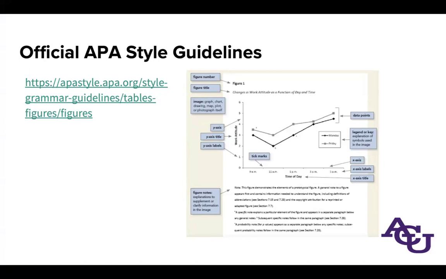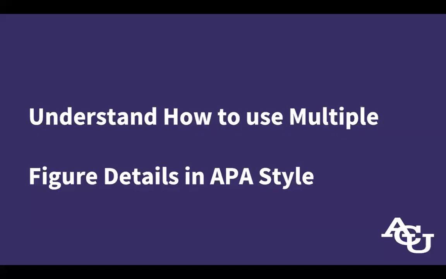And this particular assignment does require that you have a detailed legend or key. And then if you were to have gotten this image from somewhere else, you would want to include a citation for that in the note. But since you are creating this originally for this assignment, you probably wouldn't have any notes after the figure.